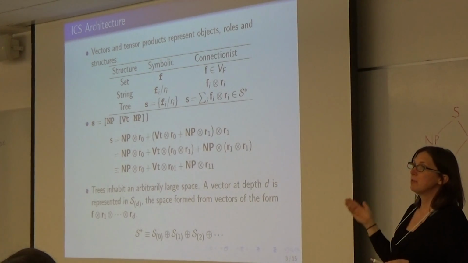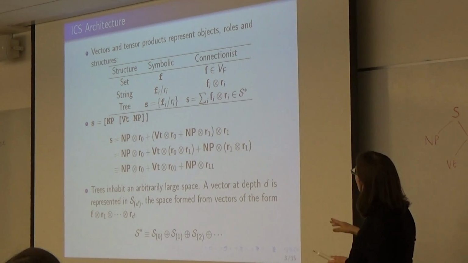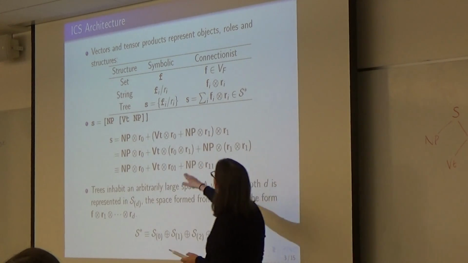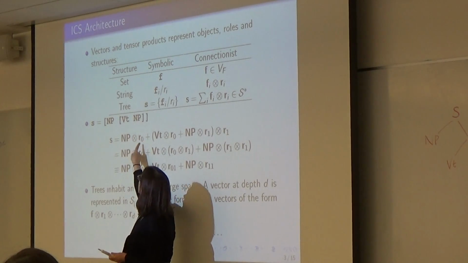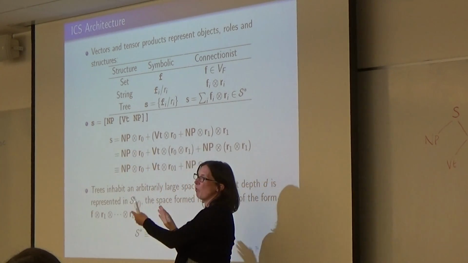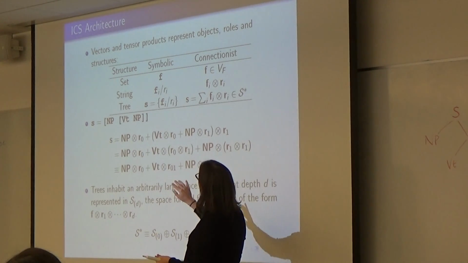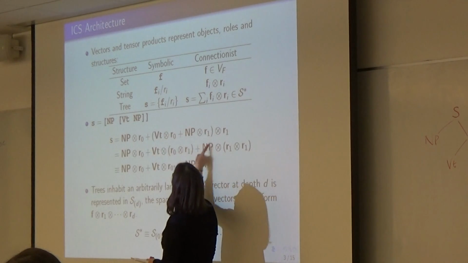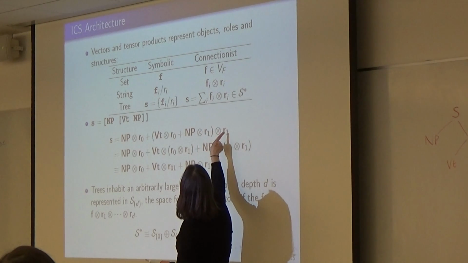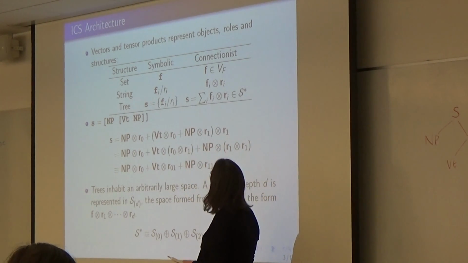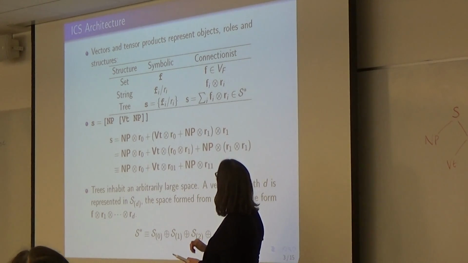Now, if we want to represent this within Smolensky's vector notation, we have a noun phrase on one side, so that's noun phrase tensored with R0, which is one role. Let's just say it's the left-hand role. And then something here, which I won't go into yet, tensored with the right-hand role. So R0 is the left-hand branch, R1 is the right-hand branch.